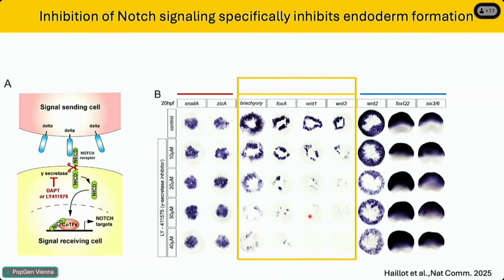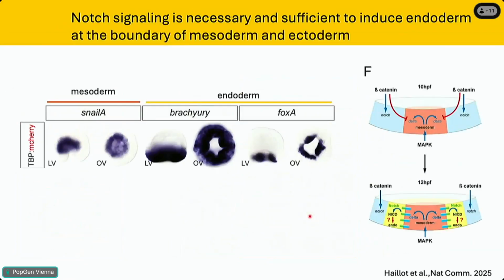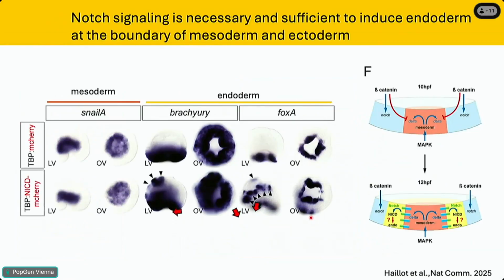In genetics, we often ask also the question, is it sufficient? So for this, we wish to overexpress notch ectopically elsewhere in its activated form. And again, here the controls. And what we then did is we overexpressed just the NICD domain fused to mCherry under a promoter of TBP.